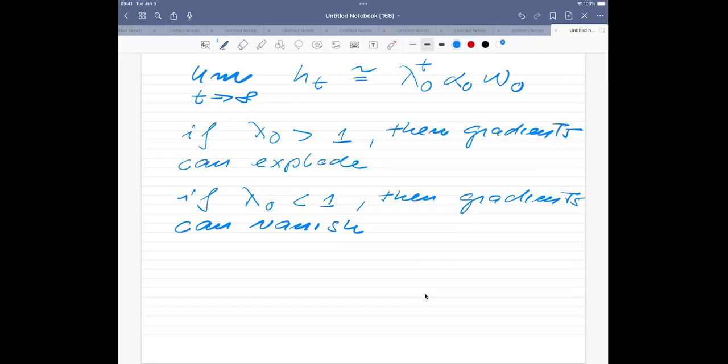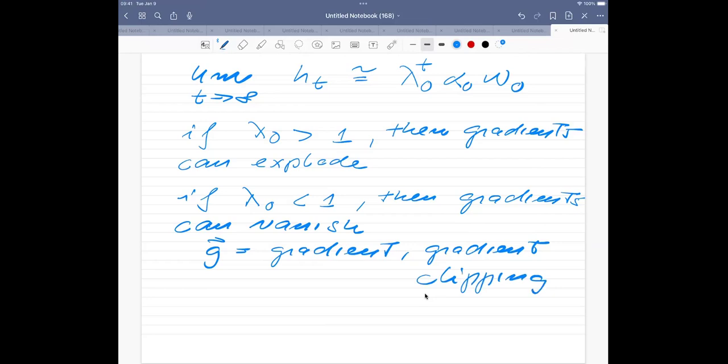Now, for the problem of exploding gradients, and this is the last thing we are going to say today, there is something which is called gradient clipping. If you define G as a gradient, then we have a recipe called gradient clipping.